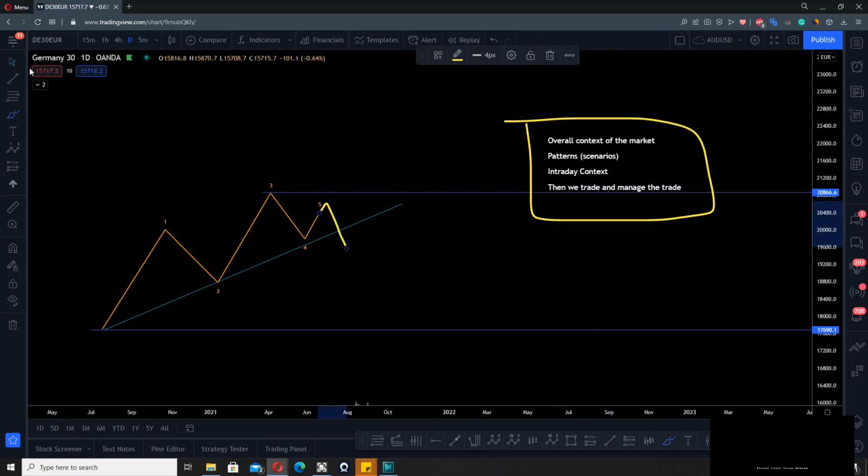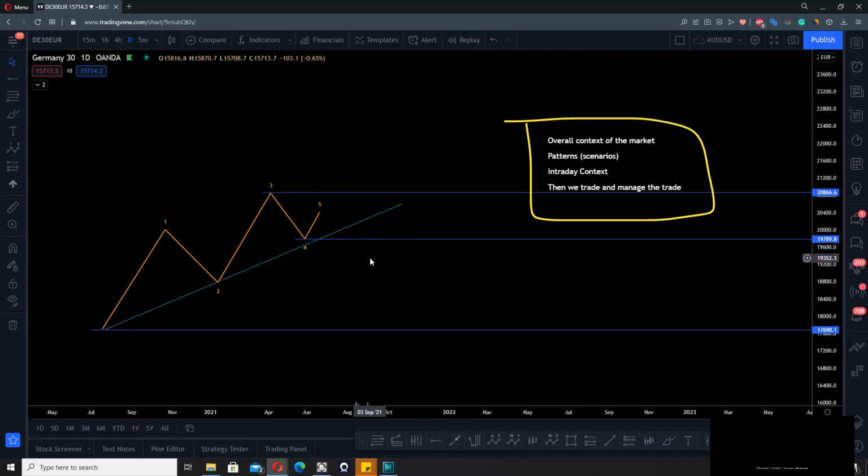Let's say that this is what you're going to look for. The most basic pattern is a regular flat. So this is your analysis, and therefore you're looking for the price to break this low and then reverse. How do you know when the pattern is finished and ready to go?